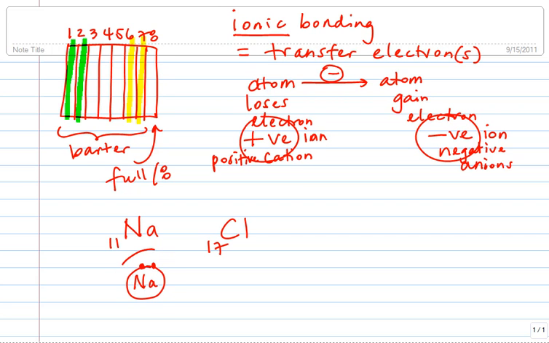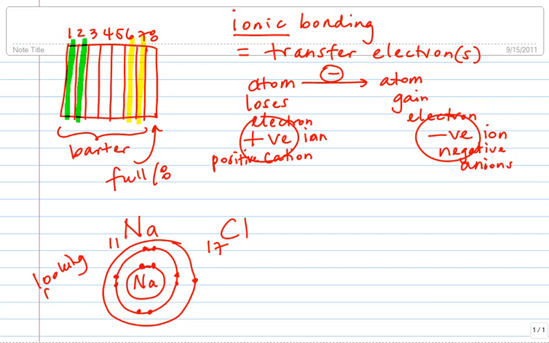It's pretty small. And then it will have the second shell. We can put 8 more in there. So we've used up 10 of the 11. And the last shell will have only 1 electron in it. And of course, sodium is looking for 8 electrons in whatever shell it used last.